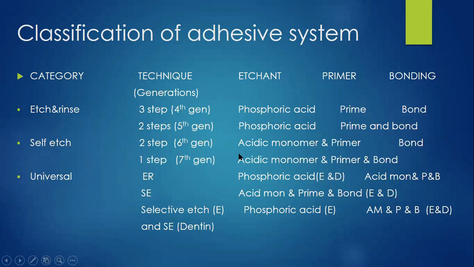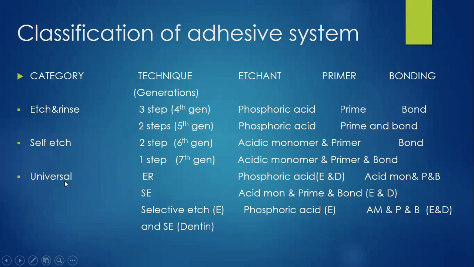In these, we do not use phosphoric acid for etching because we use an acidic monomer to create a microporosity in the structure, and in this we have combined the etchant and the primer. It is self-etch, and then a separate bonding layer is applied. And the 1-step, which is 7th generation, is all in one, we combine all three as acid, primer and bond.